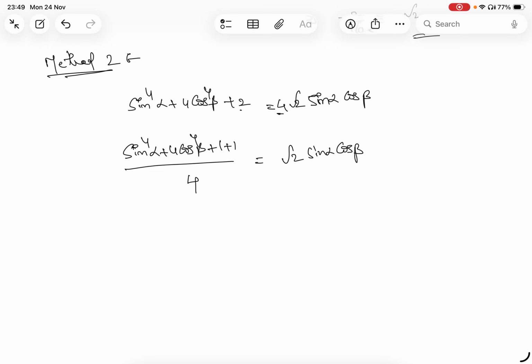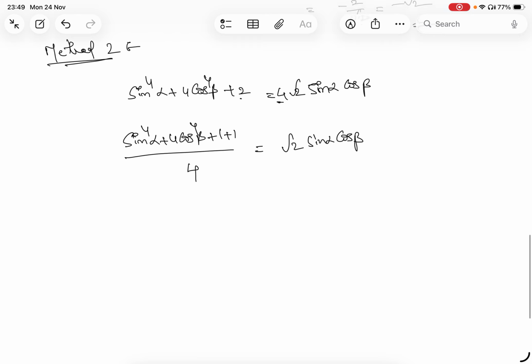Now, as you can see, this is in the form of a plus b plus c plus d by 4 equal to abcd whole power 1 by 4.